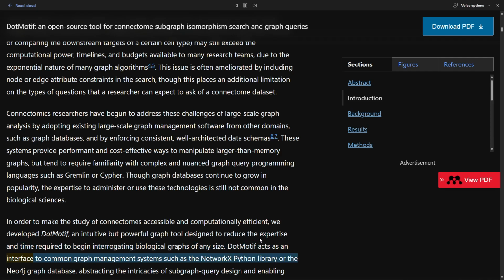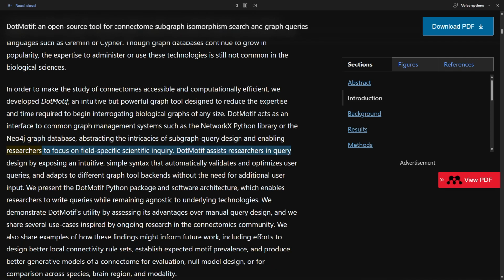DotMotif acts as an interface to common graph management systems such as the NetworkX Python library or the Neo4j graph database, abstracting the intricacies of subgraph query design and enabling researchers to focus on field-specific scientific inquiry. DotMotif assists researchers in query design by exposing an intuitive, simple syntax that automatically validates and optimizes user queries and adapts to different graph tool backends without the need for additional user input.